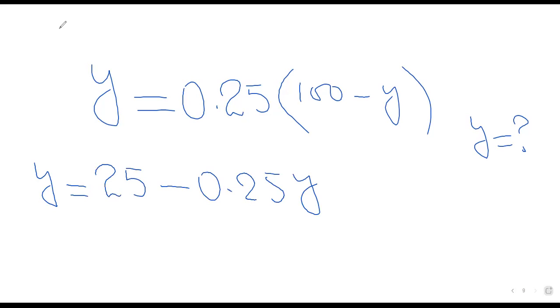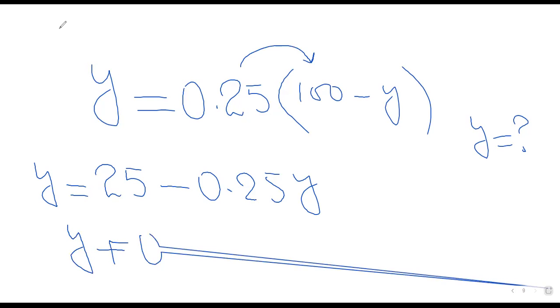Is it 24.75? How? Don't distribute first? That is what I am doing, that is 25. If you are multiplying this with this, you will get 25, and if you are multiplying this to this, now you will have to bring y together.